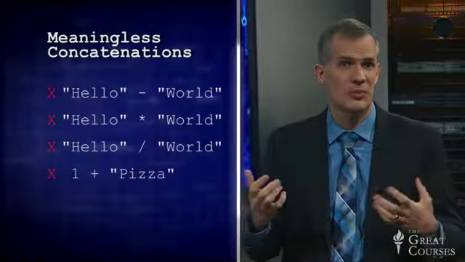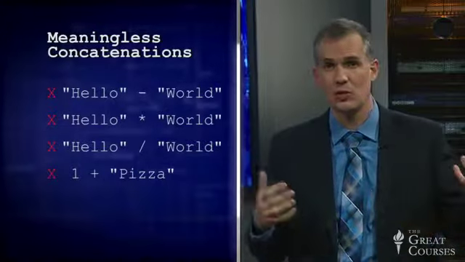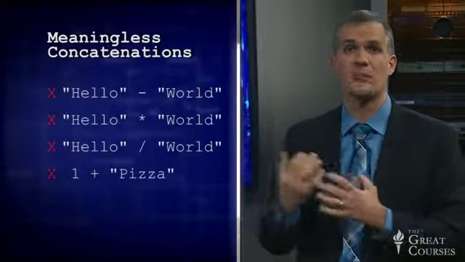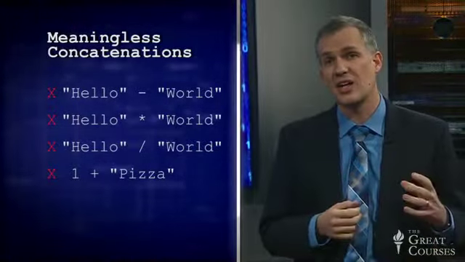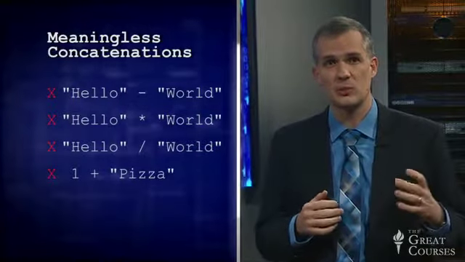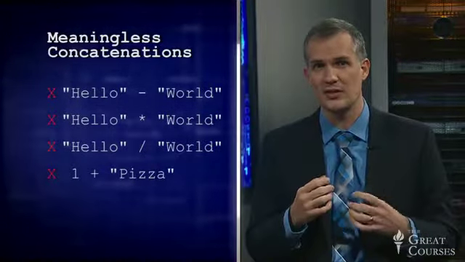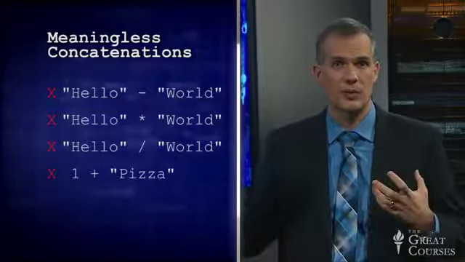However, there are no equivalent operations defined for subtraction, multiplication, or division of strings. Hello minus world would be meaningless, as would hello times world or hello divided by world. Likewise, most arithmetic operations between different types aren't defined. We can't add a string with an integer.